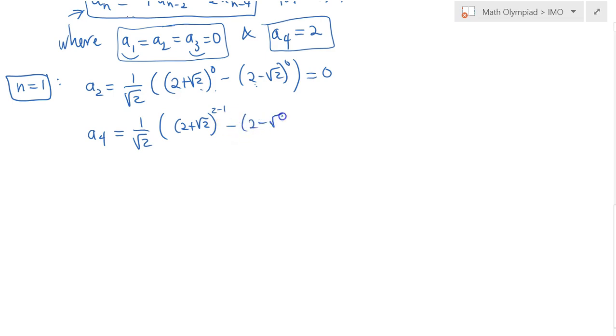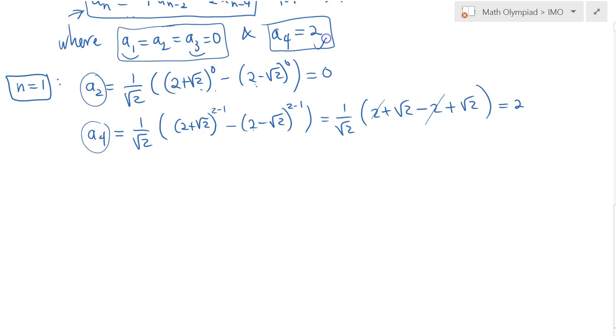And this one is 2 minus root 2, 2 minus 1 again. Finally this is 1 over root 2, open brackets, 2 plus root 2 minus 2, minus minus would be plus root 2. The 2's cancel out. We have 2 root 2 inside the brackets. Divide by root 2, we have just a 2. And boom, we have already confirmed these two results.